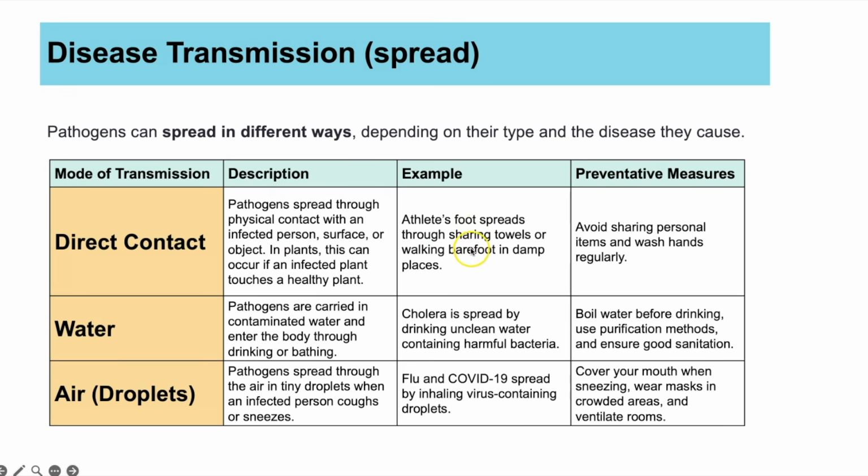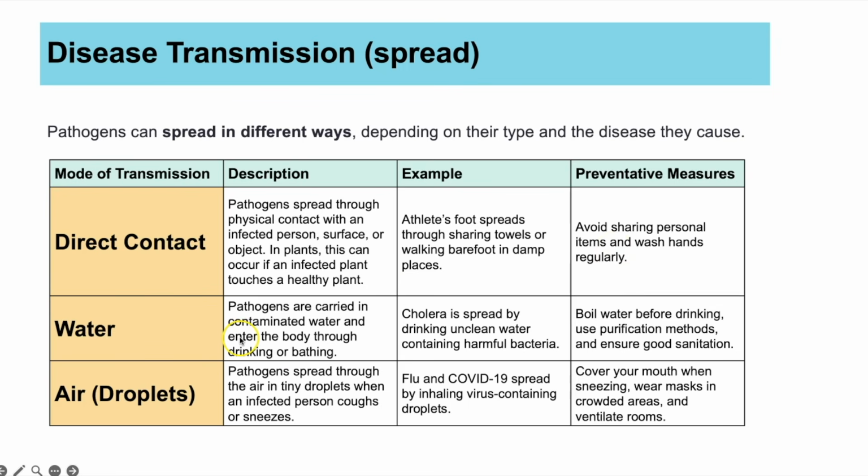We've got an example here of athlete's foot, which spreads through sharing towels that will have the fungi on them, or walking barefoot in damp places where you might have the fungus there already. To prevent getting infections through direct contact, you should avoid sharing personal items and wash hands regularly.